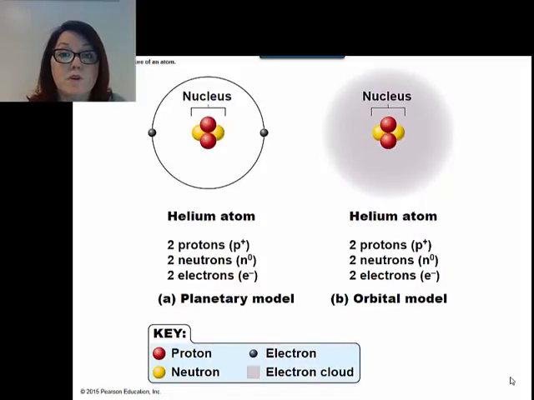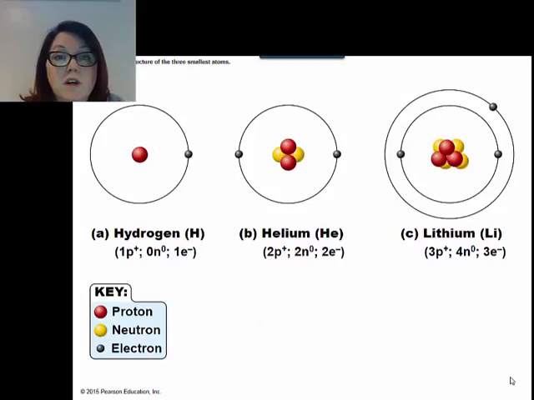So let's look at some different pictures. Right? So here we see a hydrogen atom, our helium atom again in the center, and then a lithium atom. Looking at the hydrogen atom, this one's a little bit different because it doesn't contain any neutrons. It has 1 proton in the nucleus and then 1 electron outside the nucleus. Let's look at lithium now.